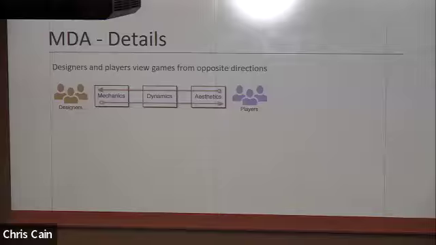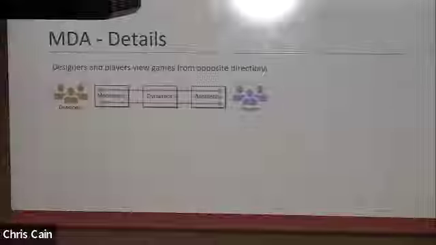How are people going to accomplish this thing? What processes are going to allow players to experience what I want them to experience in my game? And then finally, how can I design the controls? How can I design the rules of the game in order to evoke those dynamics that evoke those aesthetics in the player? So you work in the opposite direction of the player's experience.